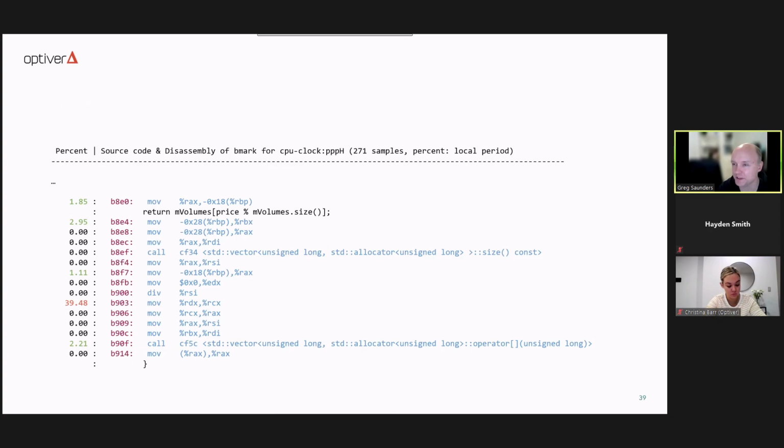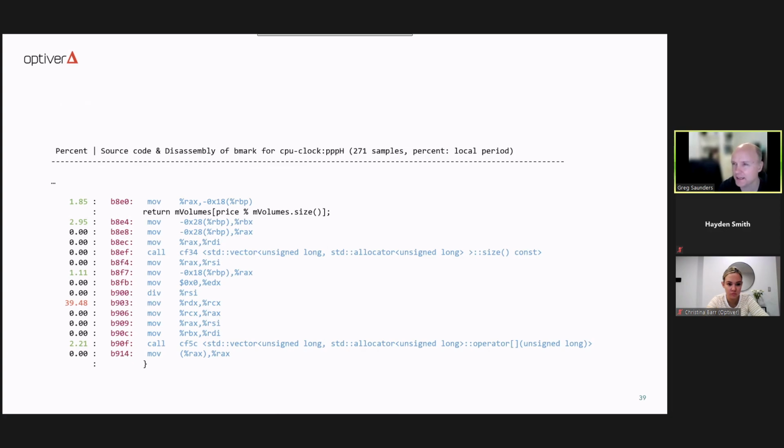So actually the majority of the time that we run getVolume, it's spending converting that string to an integer. But in terms of the time it spends actually inside the getVolume function, it's about 40% in that one instruction, B903, which is a move instruction.